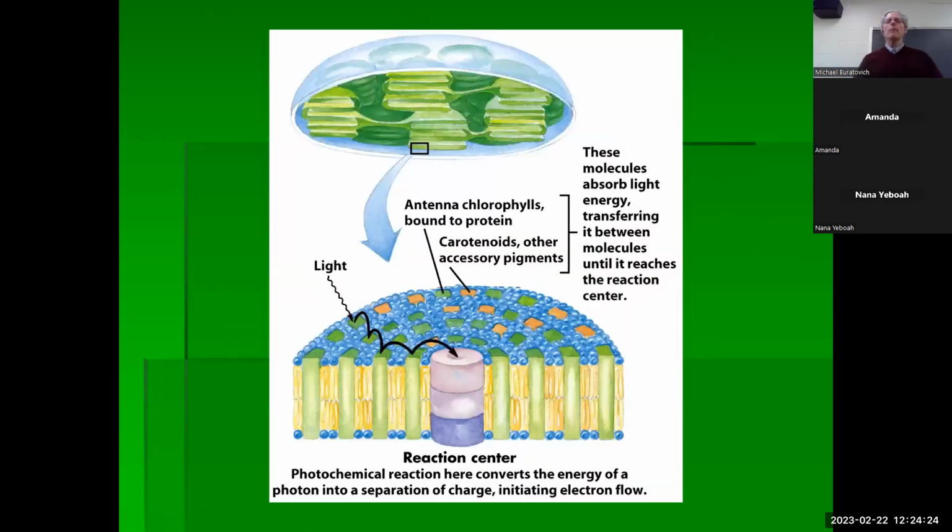The light harvesting complexes will absorb light at the different frequencies. Because they're arranged in the membrane in a semi-crystalline fashion, they will get excited. The electrons go up to that higher energy level.